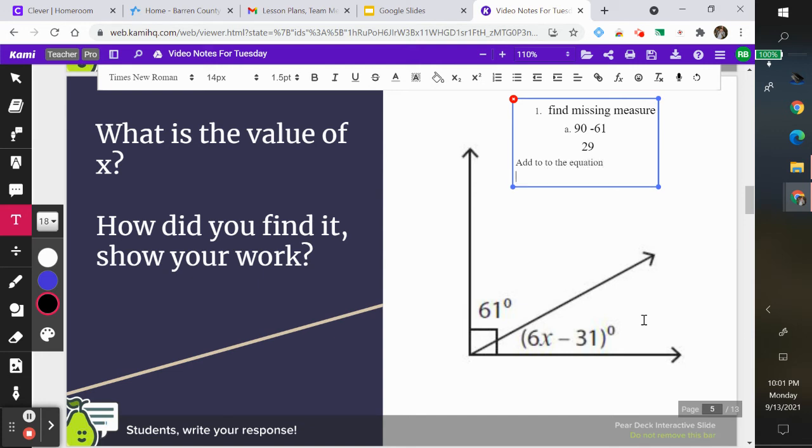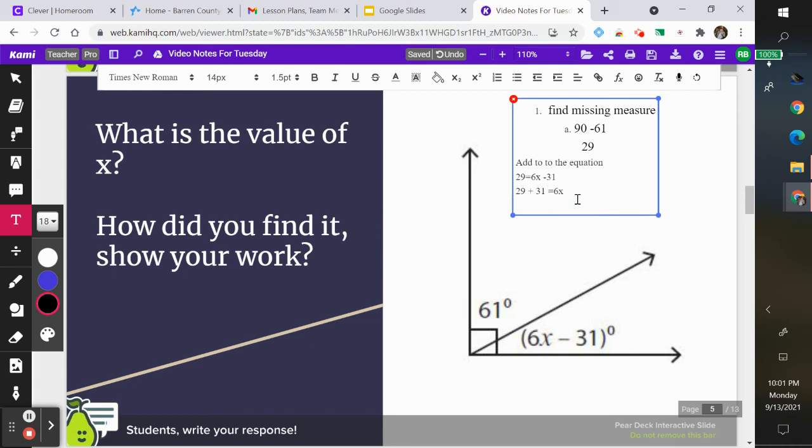Okay, so I'm going to end up with 29 is equal to 6x minus 31. We'll start with our inverse operation. Remember, we get rid of whatever's not partnered. We're combining those like terms. So we're going to start with 29 plus 31 is equal to 6x.